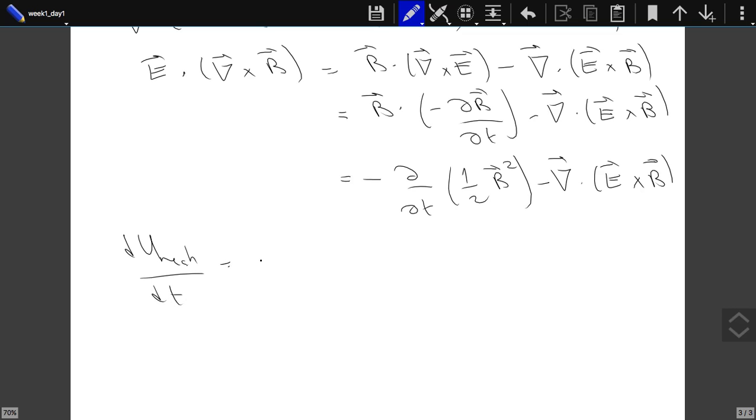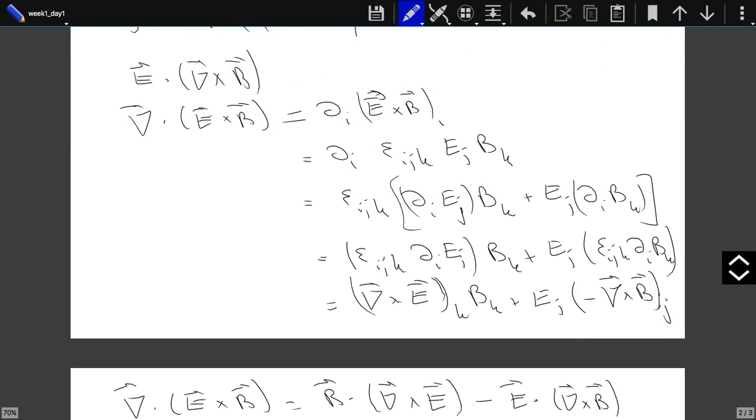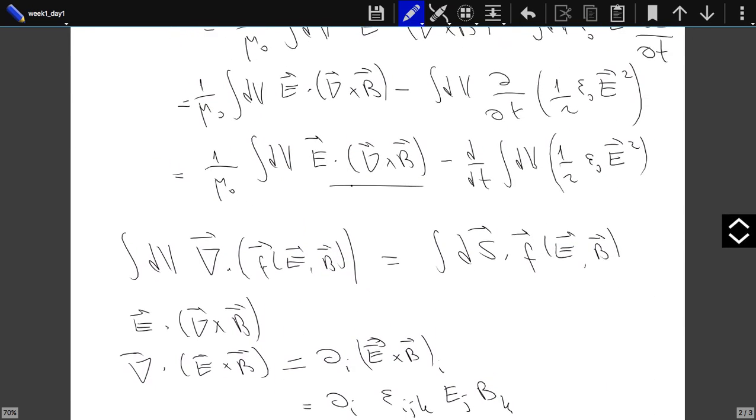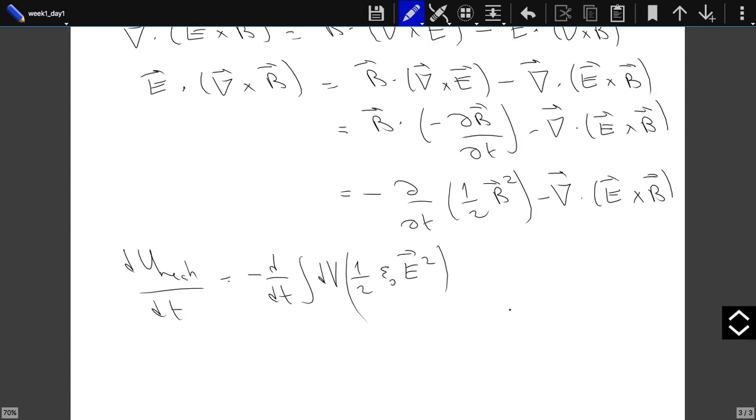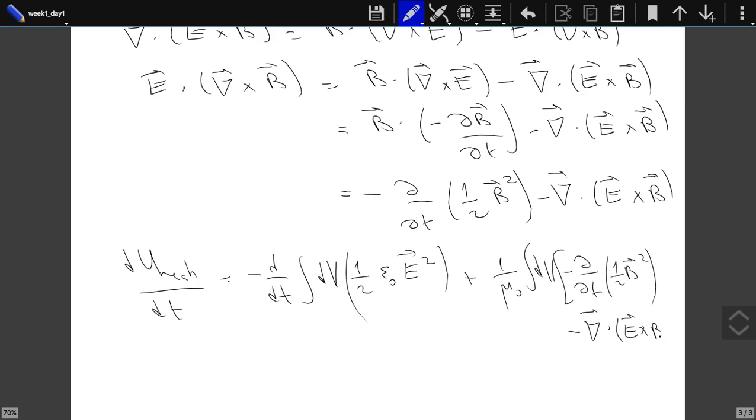This was equal to minus the total time derivative of the volume integral of 1 over 2 epsilon 0 E squared, and then we had 1 over mu 0 times the integral of that term, plus 1 over mu 0 times the volume integral of minus del by del T of 1 over 2 B squared, minus the divergence of E cross B.